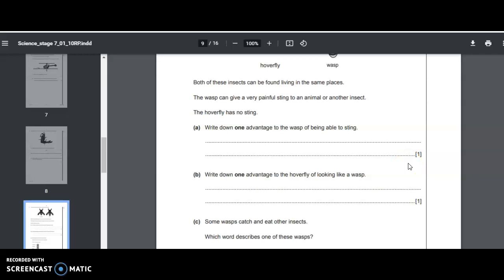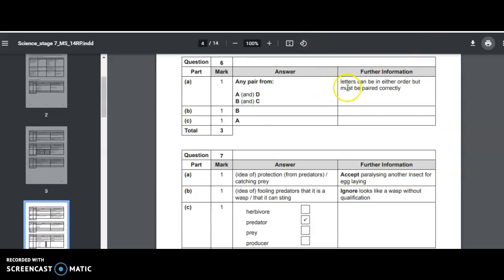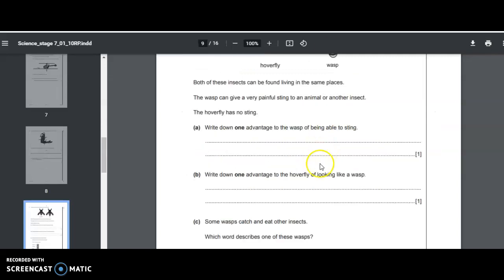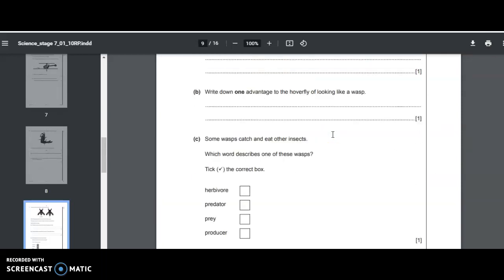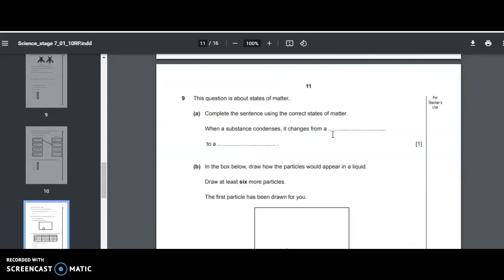Well, if other organisms or people think that this wasp, which actually cannot be harmful, is the harmful wasp, then it helps. This is what we call mimicry. It fools the predators into thinking that they are something they're not. In California, we have rattlesnakes, but we also have snakes that rattle that do not actually do anything.